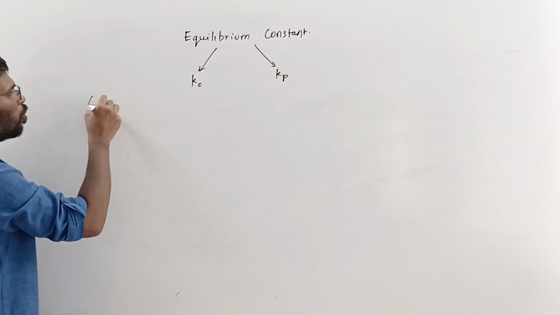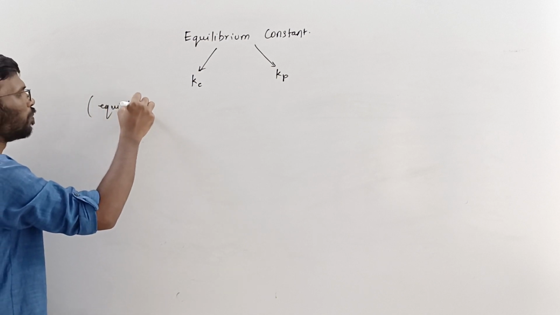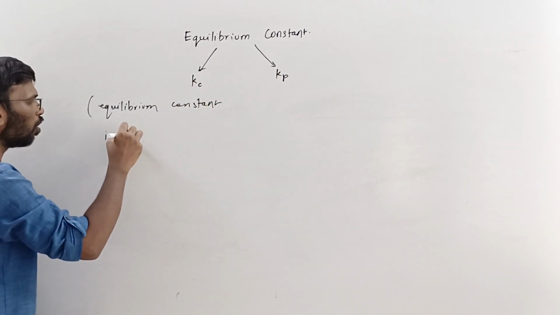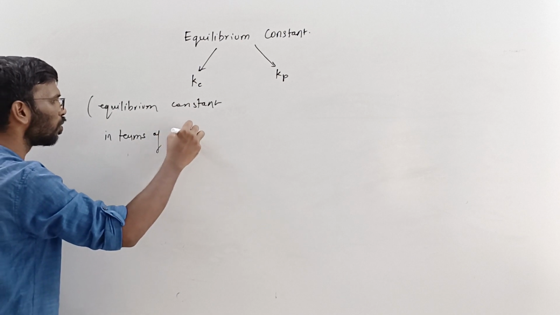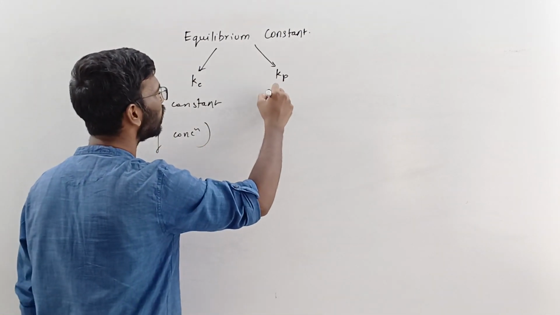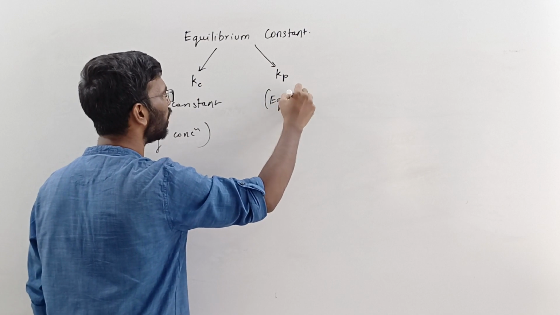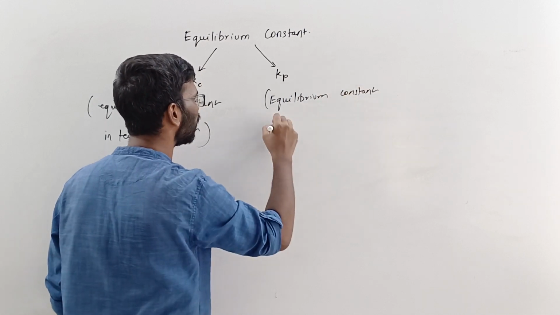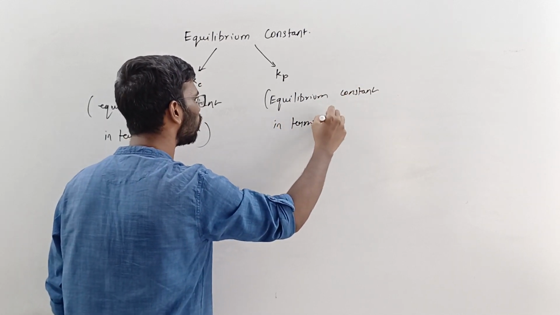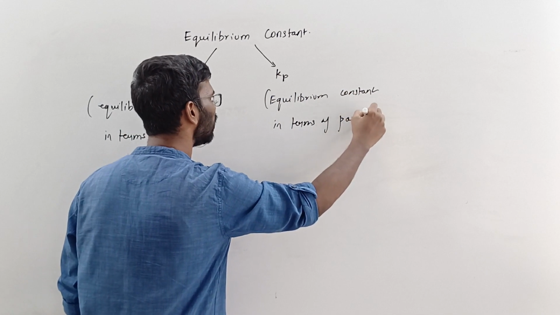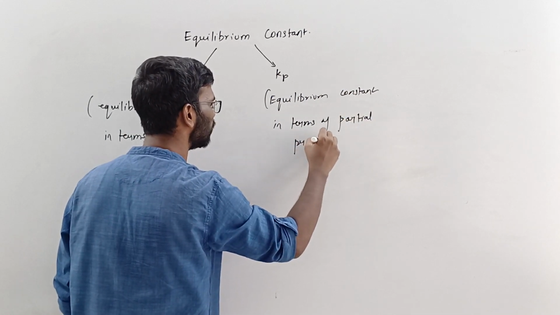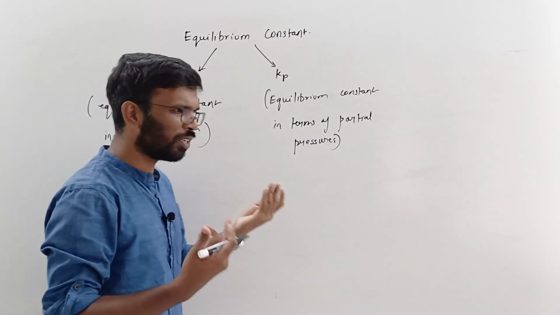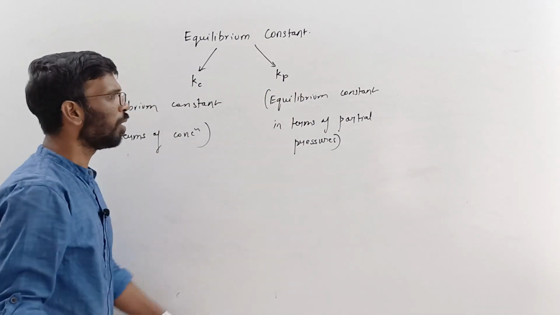Kc is the equilibrium constant in terms of concentration, and Kp is the equilibrium constant in terms of partial pressures, right? Concentration is fine. Here it is the equilibrium constant in terms of partial pressures.